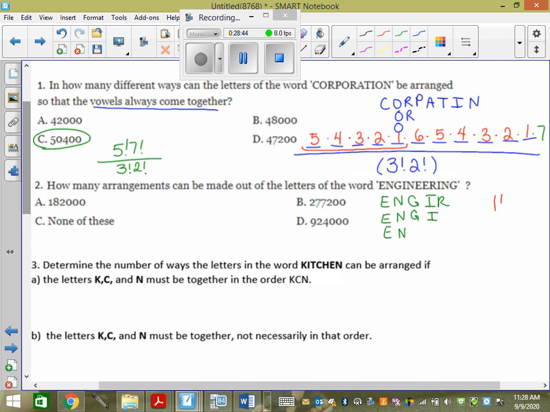So on the top I'm going to have 11 factorial. Because if there's no restrictions, I can just go 11 times 10, 9, 8, 7, 6, 5, 4, 3, 2, 1, right? On the bottom I'm going to have 3 factorial, 3 factorial, 2 factorial, 2 factorial.